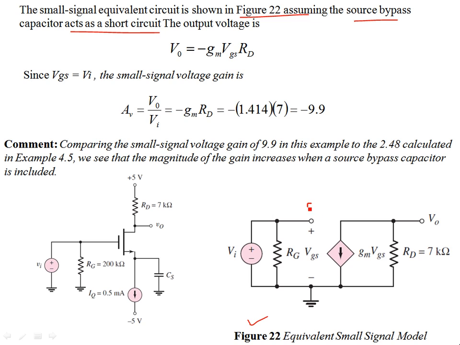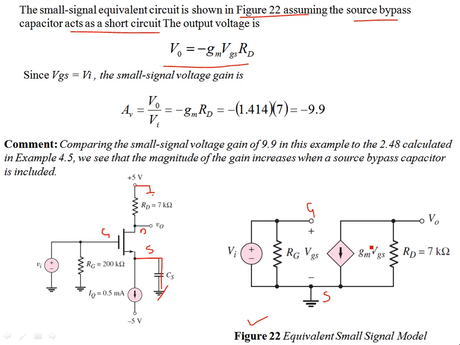Okay, so this is the gate, and the source is 0 because of the bypass capacitor. Due to the bypass capacitor, this becomes a short circuit over here. So basically this is your gate, and the source is at ground potential. Then the drain has RD connected to ground, and your output voltage is given as minus gm VGS.